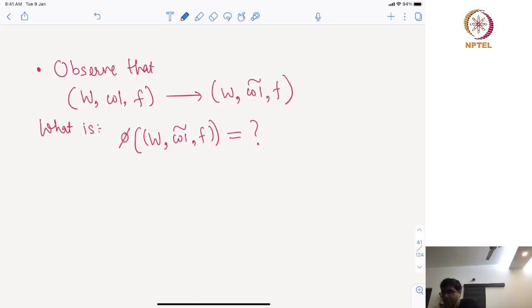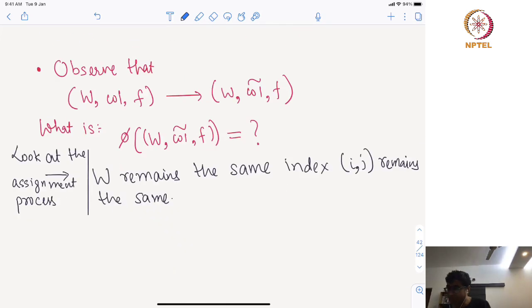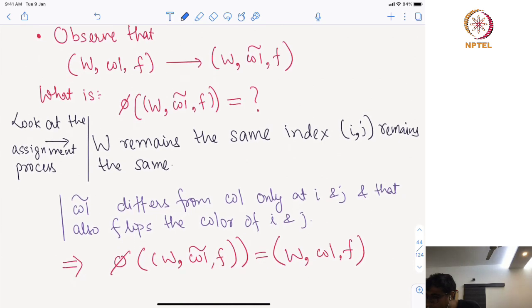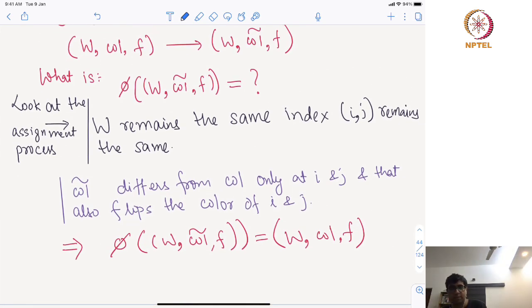So if you apply phi to this, you will get back the original coloring. Look at the assignment process: W remains the same, index (i, j) remains the same. Then what will phi do? The coloring differs from the colors only at i and j, and it flips the colors of i and j. So phi of (W, col tilde, f) is (W, col, f).